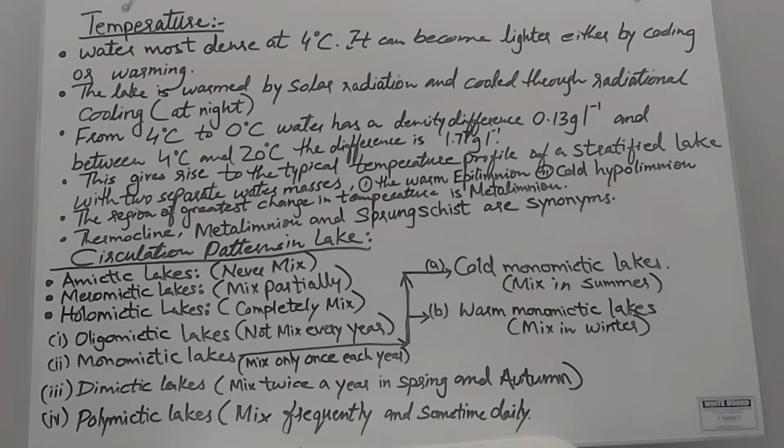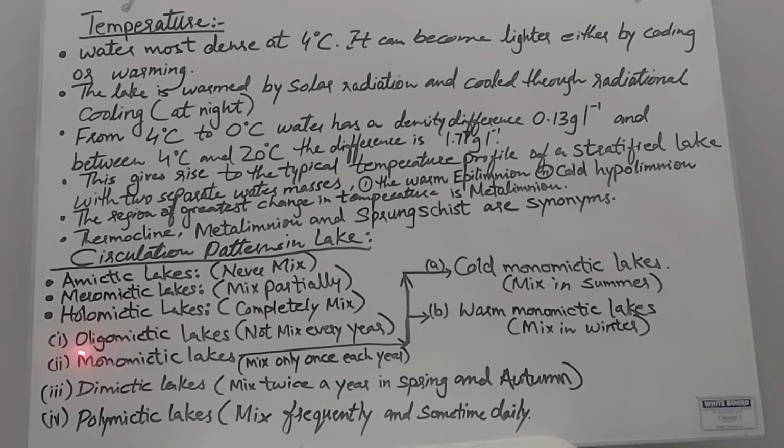So this is another type of monomictic lake. Monomictic lakes mix only once each year, and a lake which mixes in summer is called cold monomictic lake, and a lake which mixes in the winter is called warm monomictic lake.